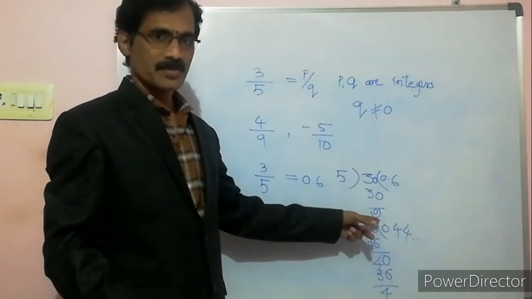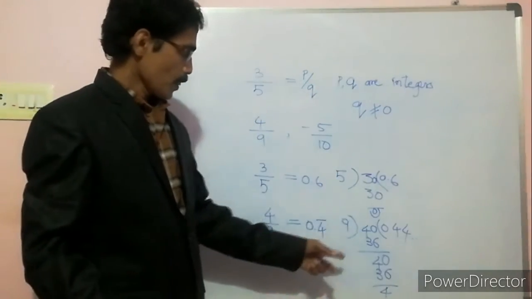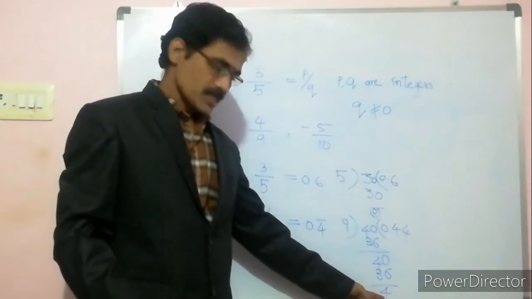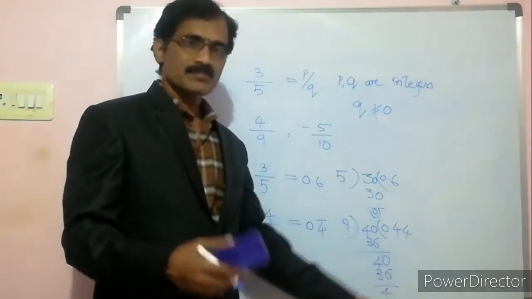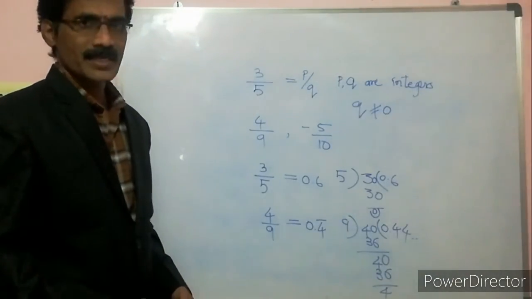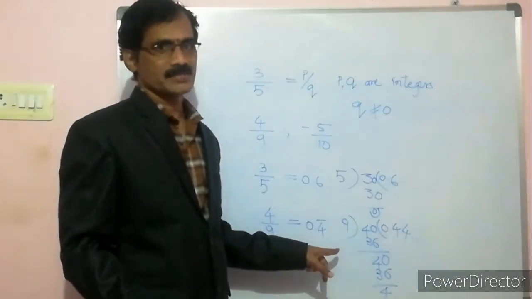In the division, if you get remainder 0, that is a terminating decimal. If you do not get remainder 0 and it keeps repeating some number again and again, then it is a non-terminating repeating decimal.